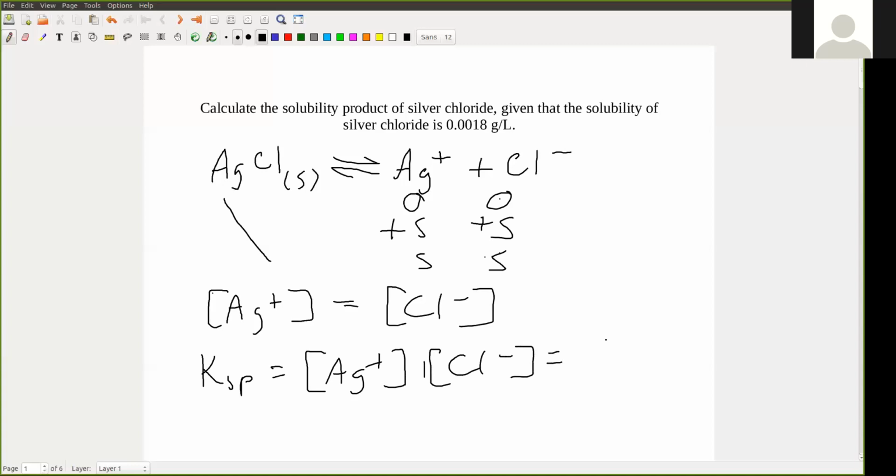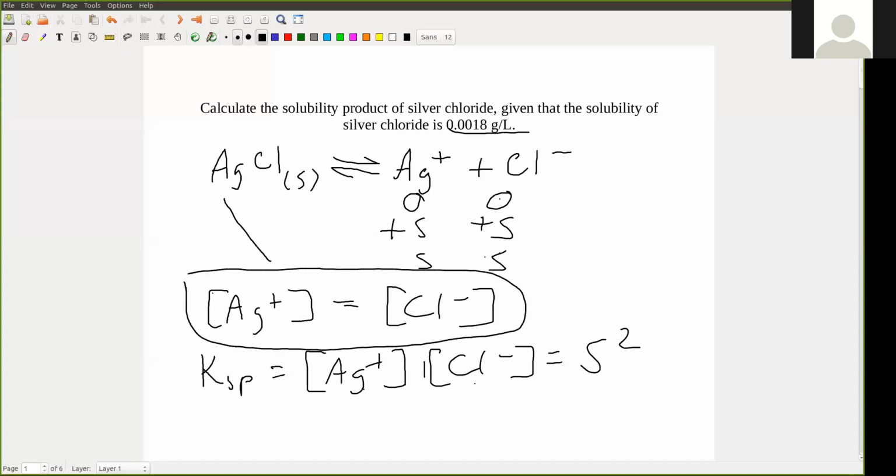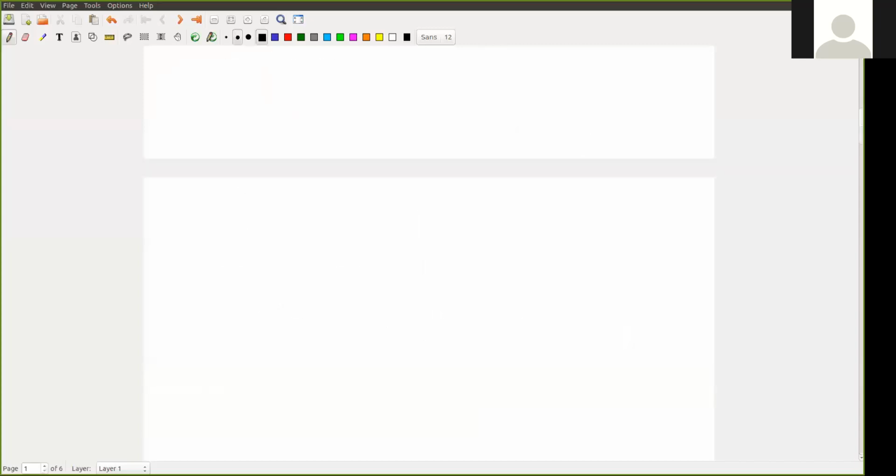And because they're both S, that means KSP is S squared. Now, we have this value for our solubility. So that means that each of Ag and Cl, because they're equal from this equivalency, we can do our calculation to find KSP, but KSP is in terms of moles per liter when we're doing that calculation.